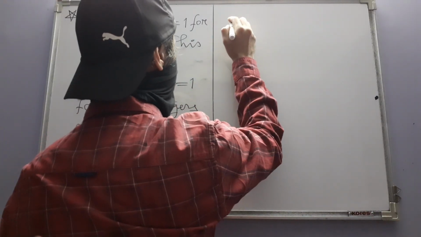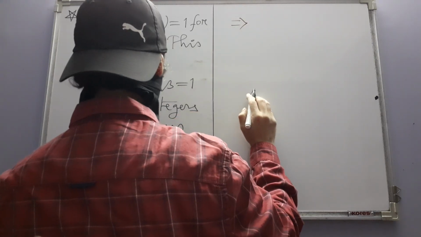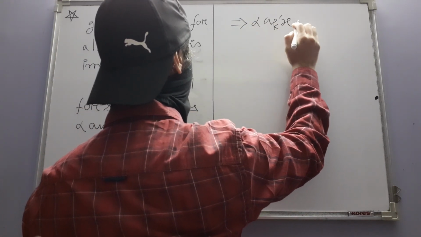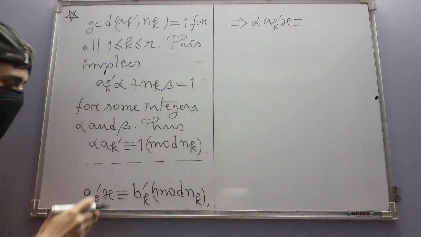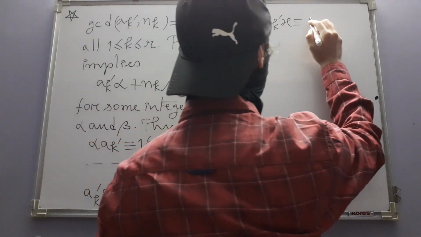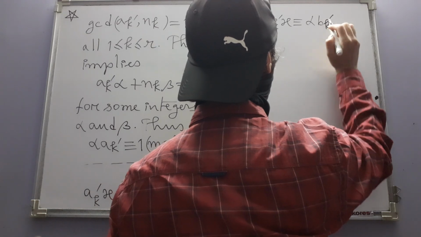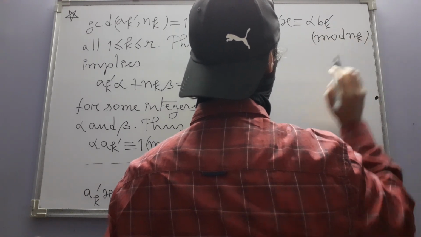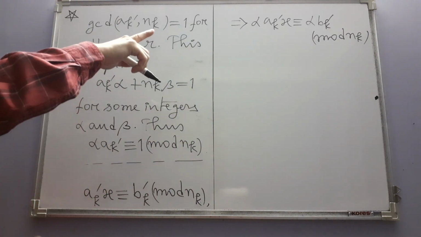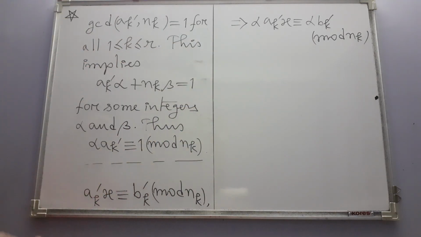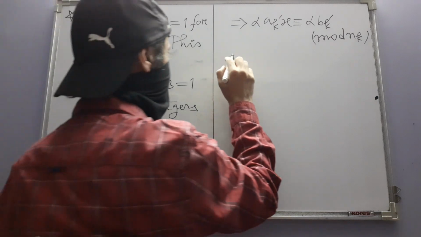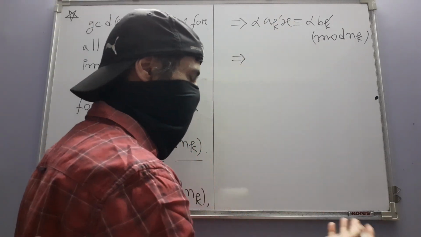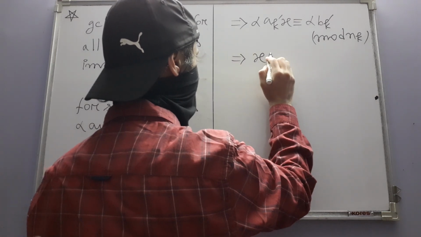This one will imply alpha AK prime x is congruent to alpha BK prime, mod nk of course remains mod nk. Now alpha AK prime is congruent to 1, and that is why alpha AK prime times x is congruent to x. So you can write x here.